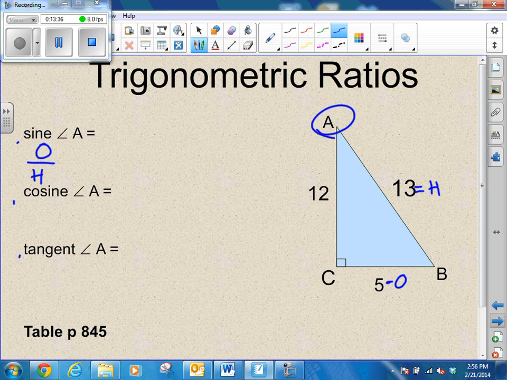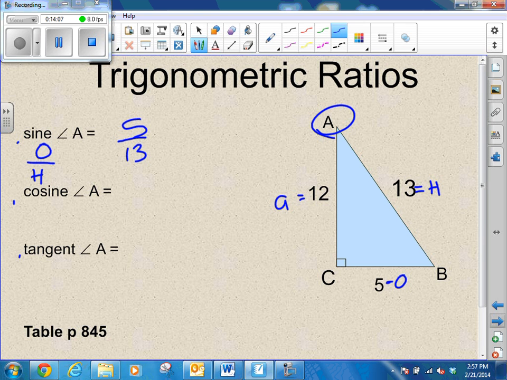Hypotenuse is 13. Adjacent is 12. I'm only at A. I could move, but I'm only choosing to be at A right now. So now if I ask you what is the sine side ratio of A, I plug those numbers in. 5 over 13 and I'm done. That's it.